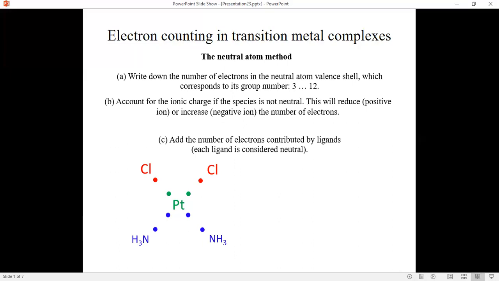If you assign both of these bonding electrons to NH3, you basically create an electron lone pair at the NH3, and that is necessary in order to make the NH3 unit neutral. For the other NH3 ligand, of course, the same is true.